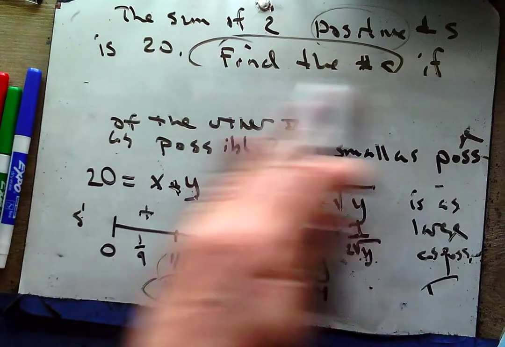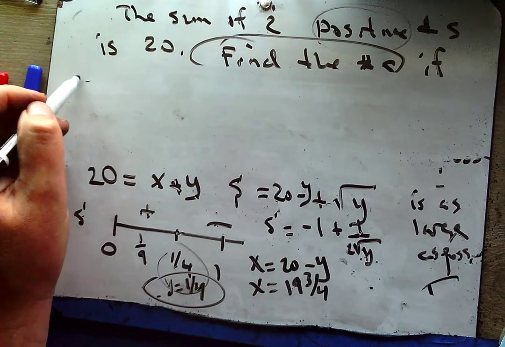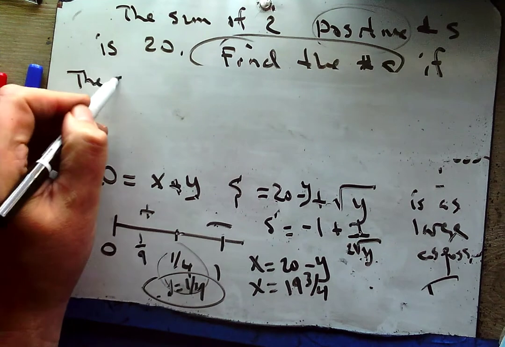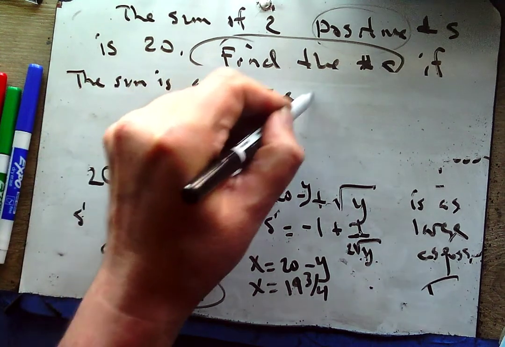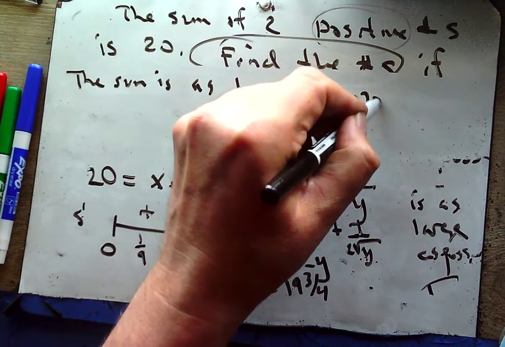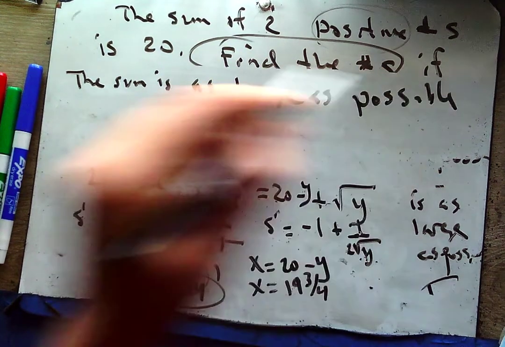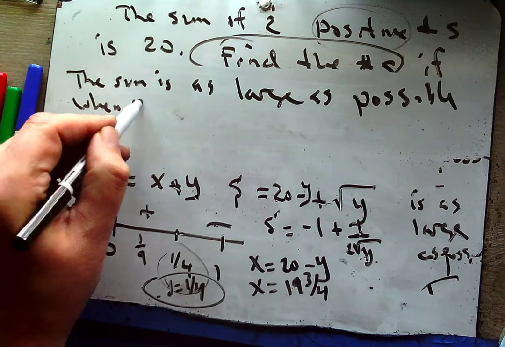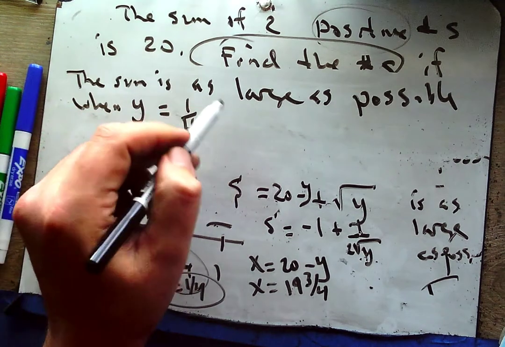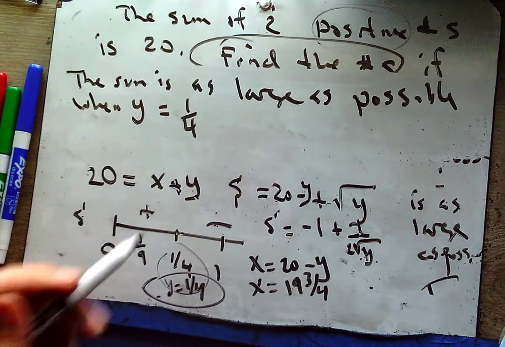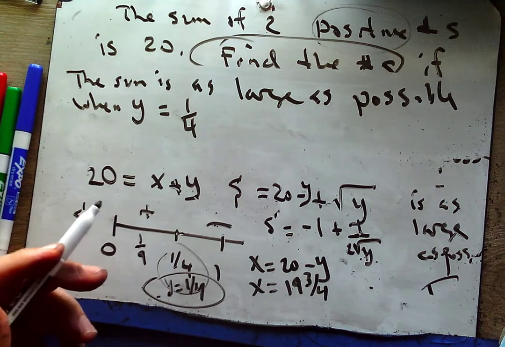I do need to write that justification sentence. The sum is as large as possible when y equals 1/4. You might want to say, and when x equals 19 3/4. You don't have to say that.